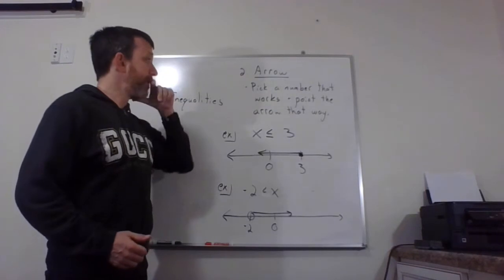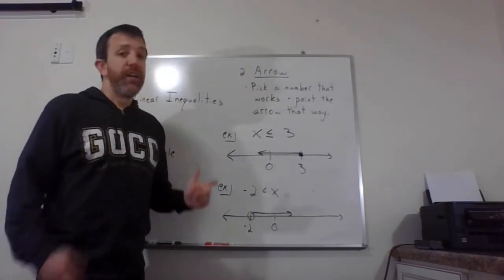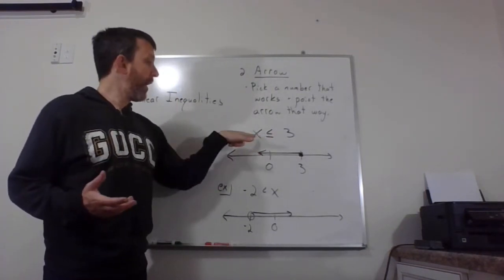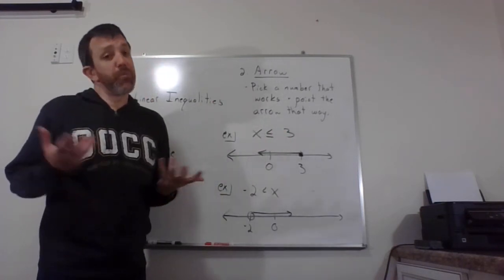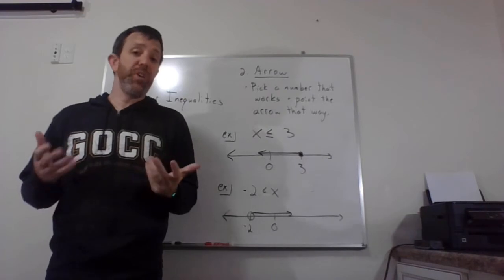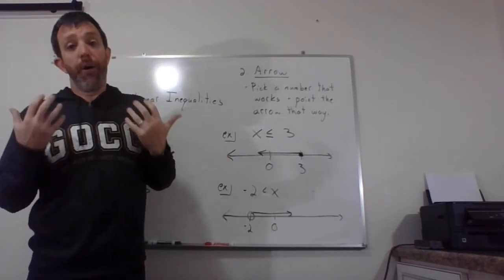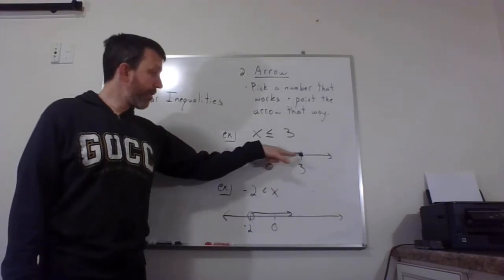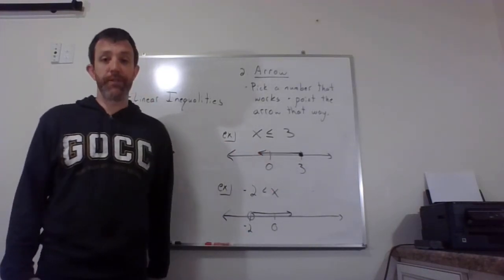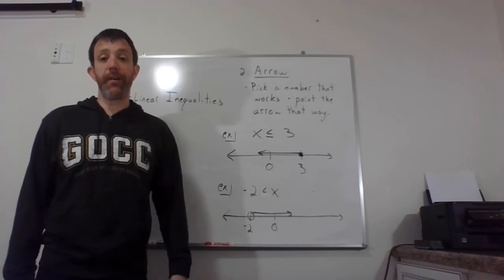So the easiest way to do this, again, is to pick a number that works. Well, I need stuff smaller than 3. So what's smaller than 3? 2, 1, -18. All of those are going to be to the left-hand side of 3. And so you'll notice I made my arrow come over to the left of 3. And that's it. That's my graph.